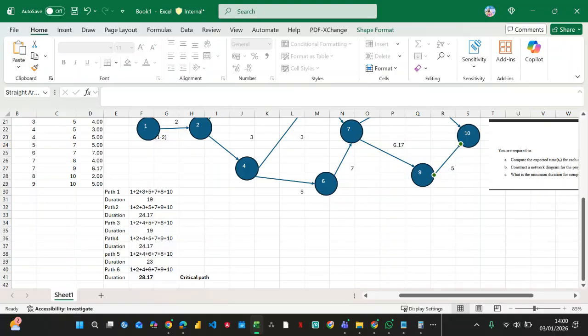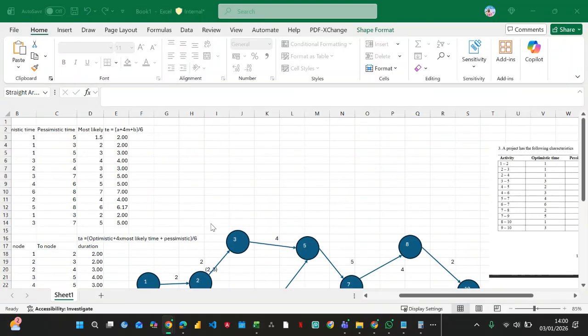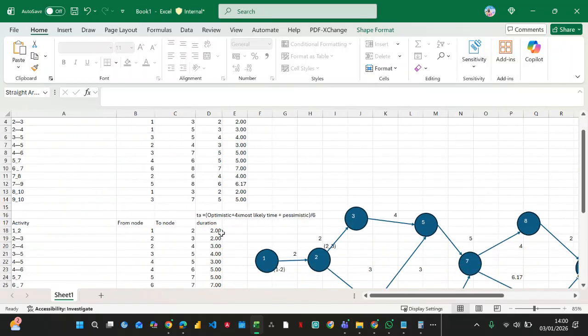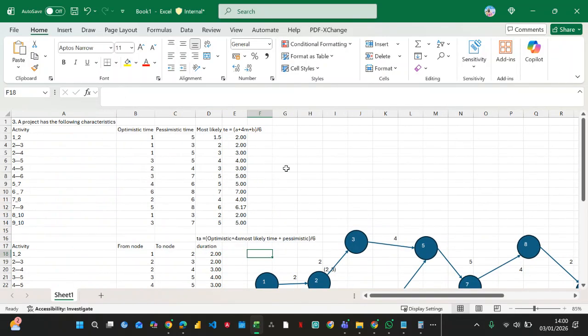Okay, but we still have another question to answer. Sorry, can I please ask about the A part of the question? Can you please define those terms? TE equals A plus 4M plus B, all divided by 6.